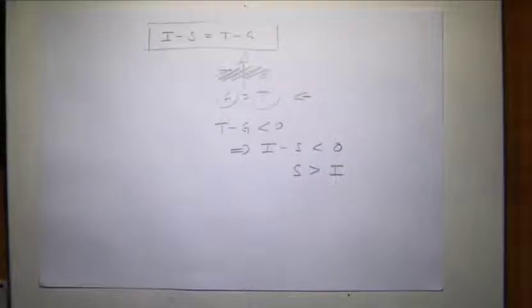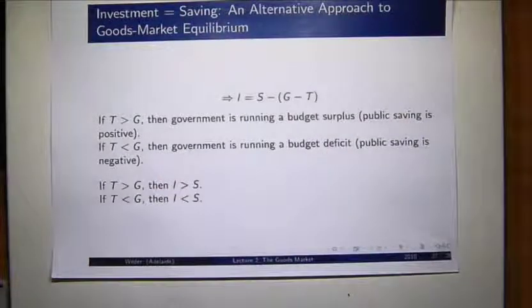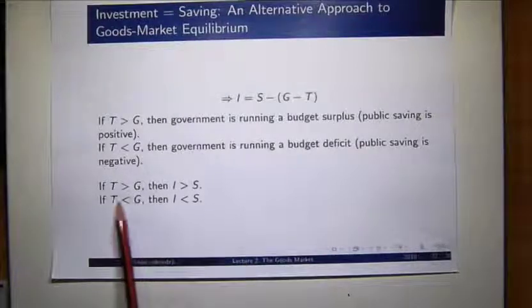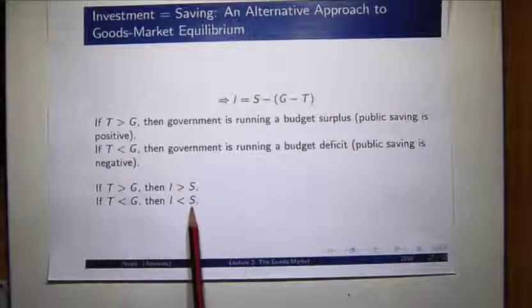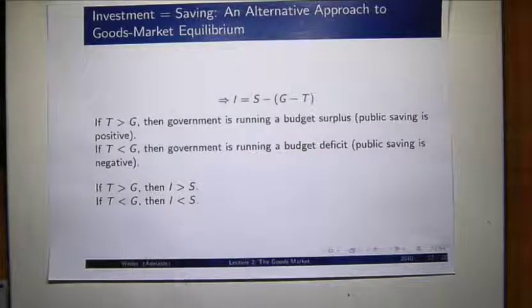Okay, so if the government runs a budget deficit, we know that the public has to save for this deficit. Okay, so if spending is greater than tax income, then the savings in the economy have to be bigger than the investment level. Okay, there's no causality yet here.